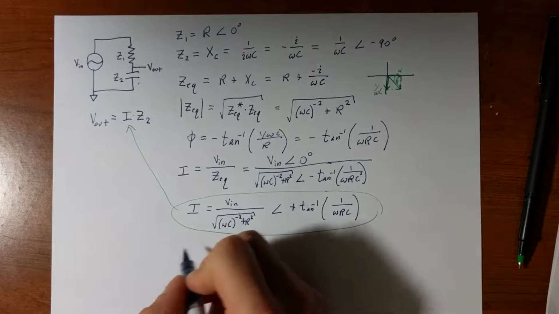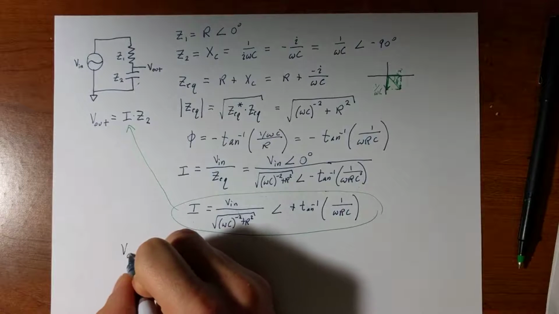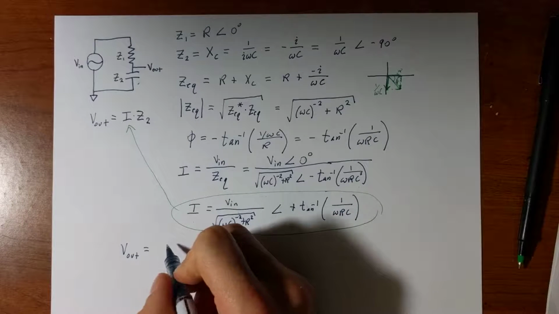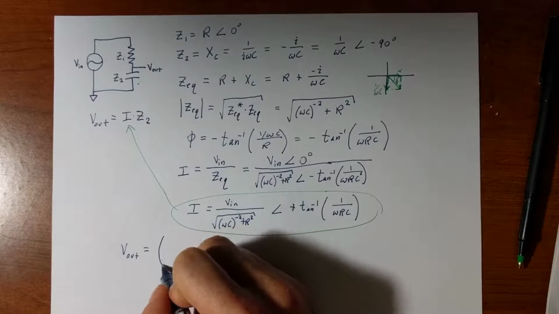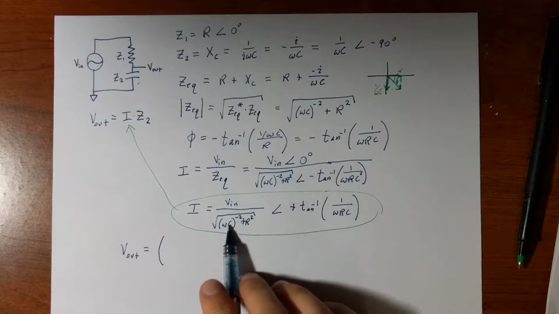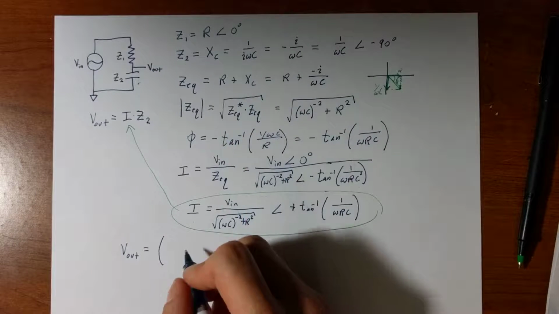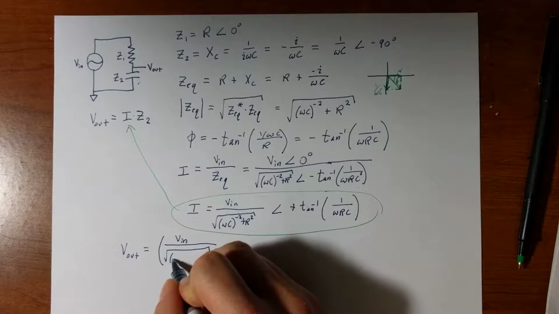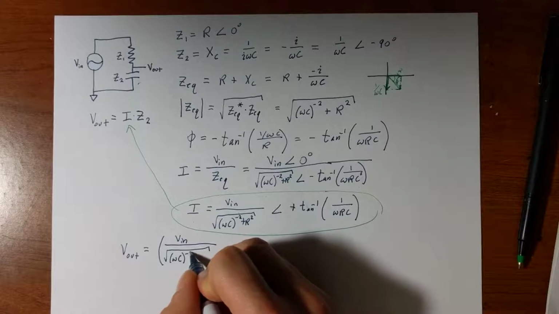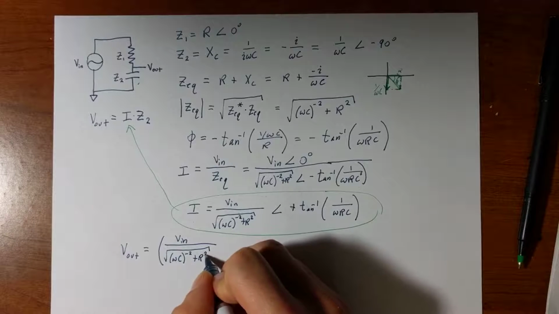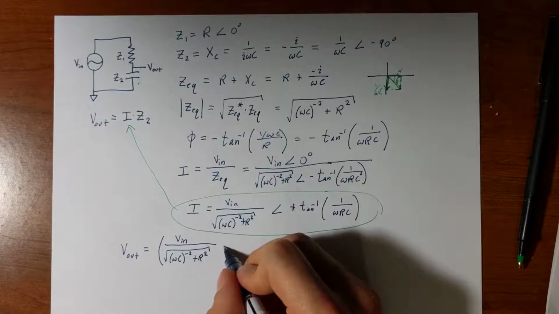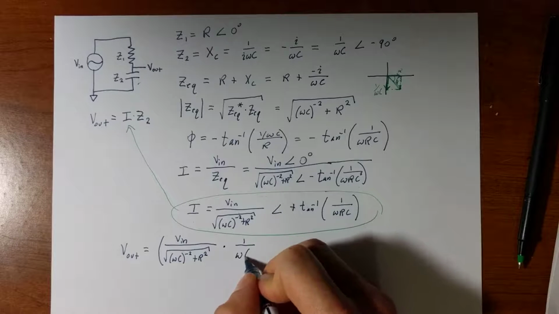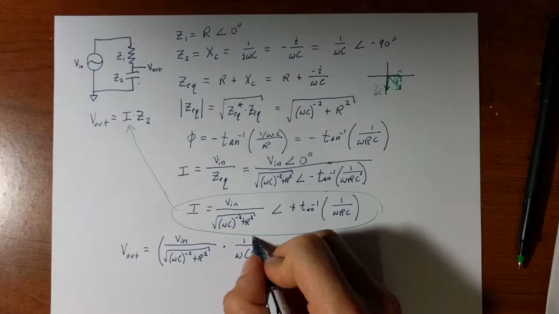So I get that V out is equal to this guy times this guy, V in over the square root of omega c to the negative 2 plus r squared, times 1 over omega c, and recall that I'm not putting the i here because I'm just looking at the magnitude.